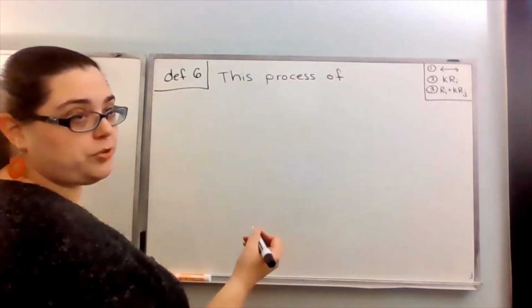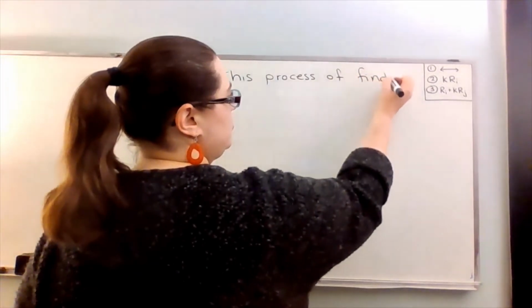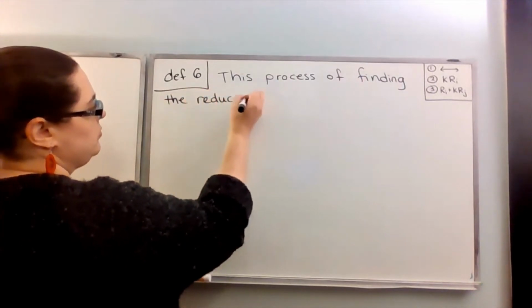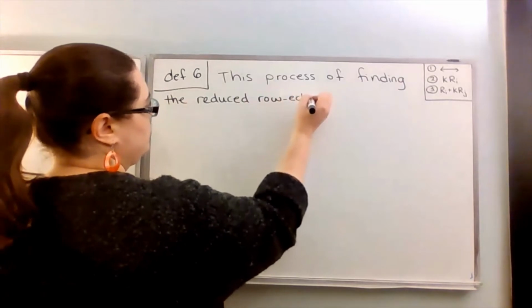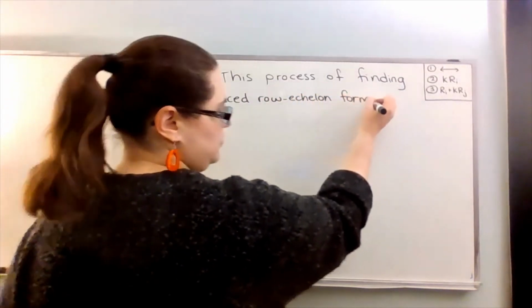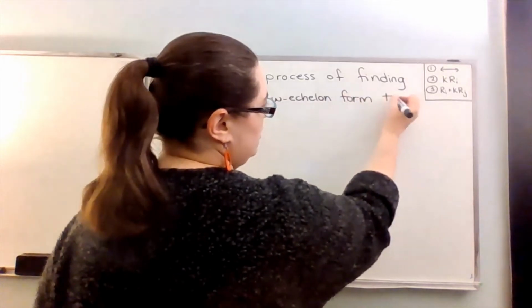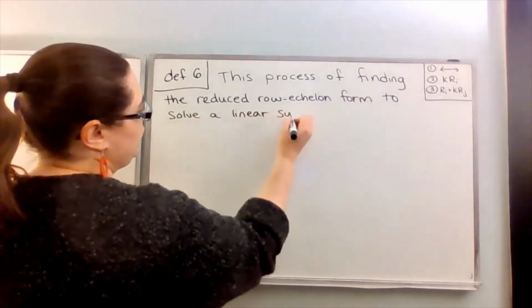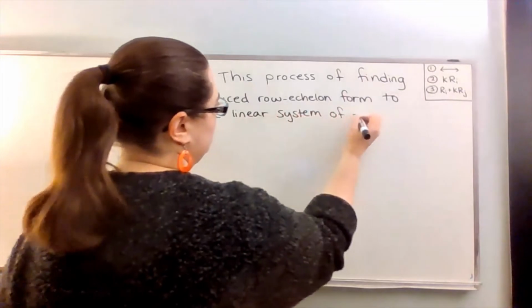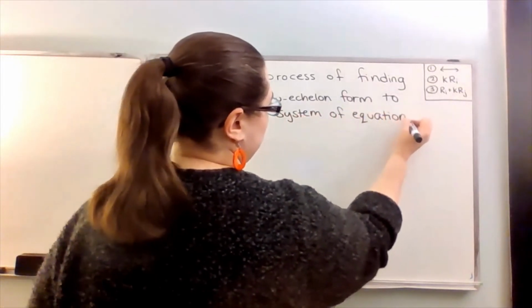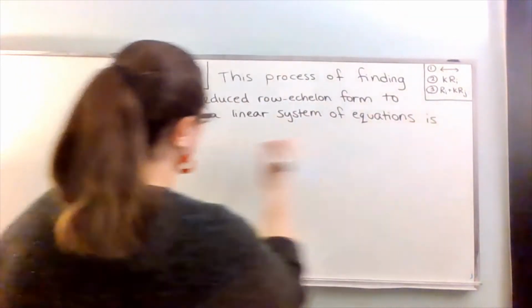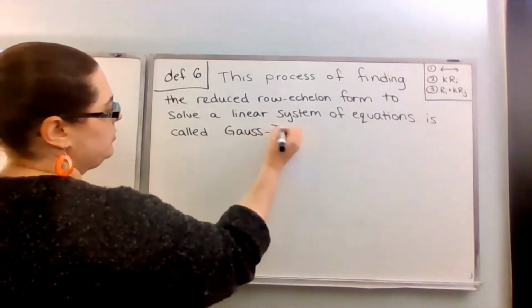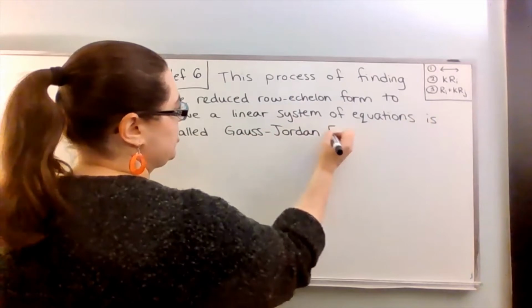This process of finding the reduced row echelon form to solve a linear system of equations is called Gauss-Jordan elimination.